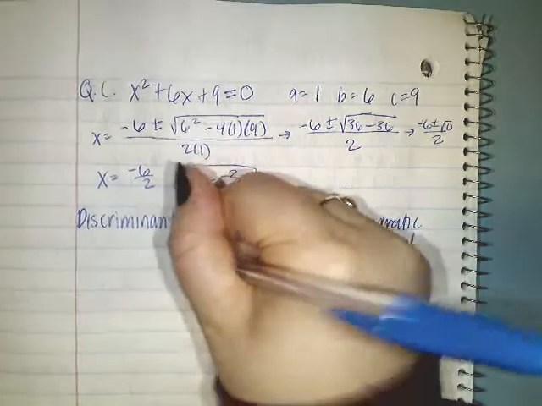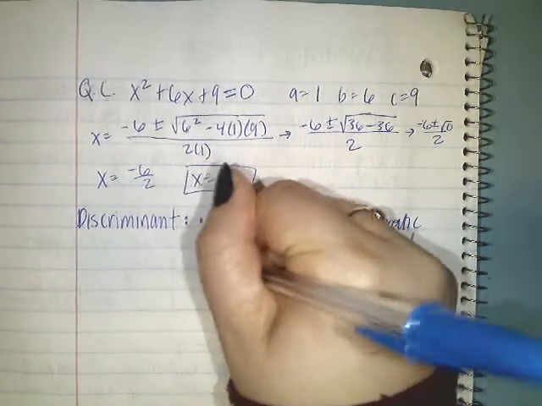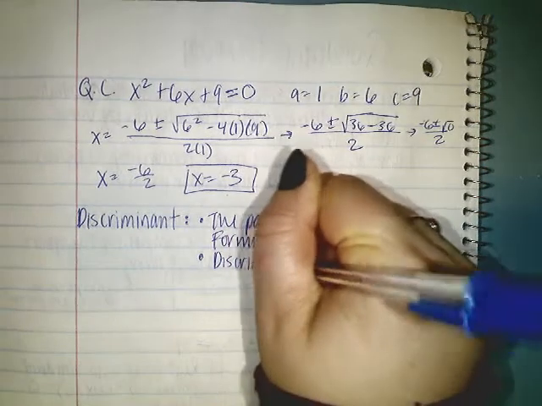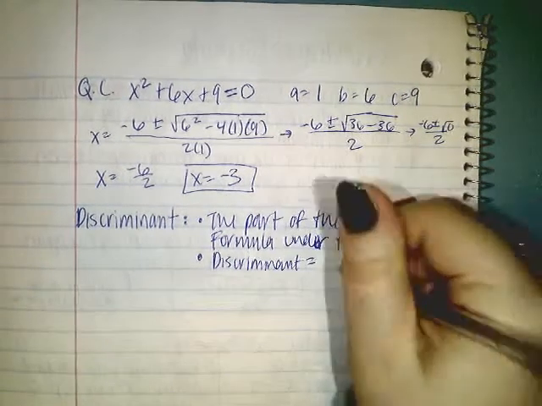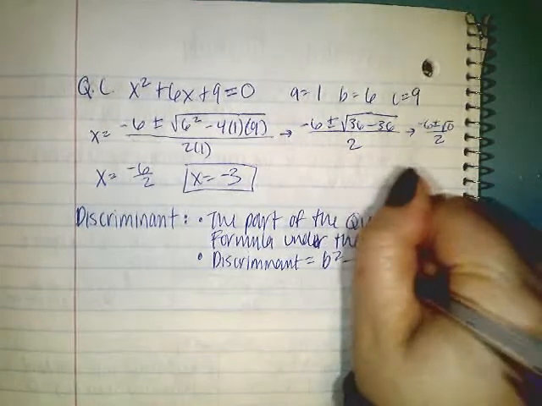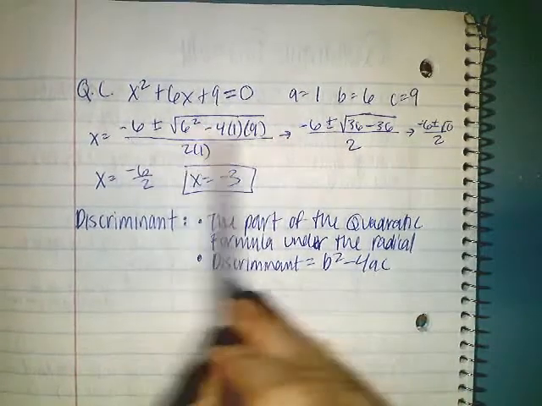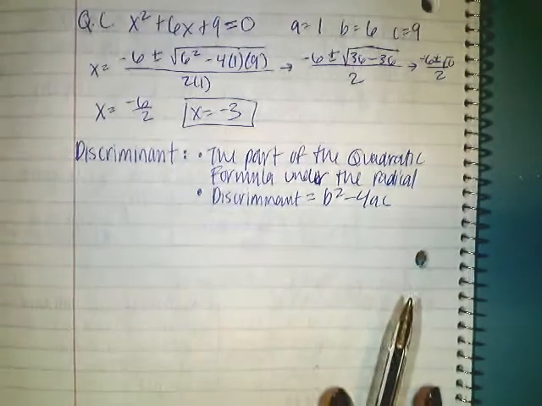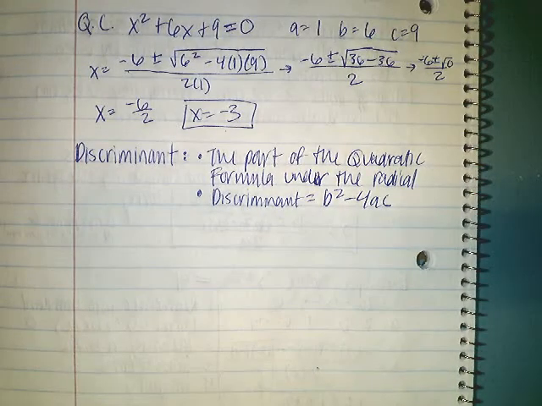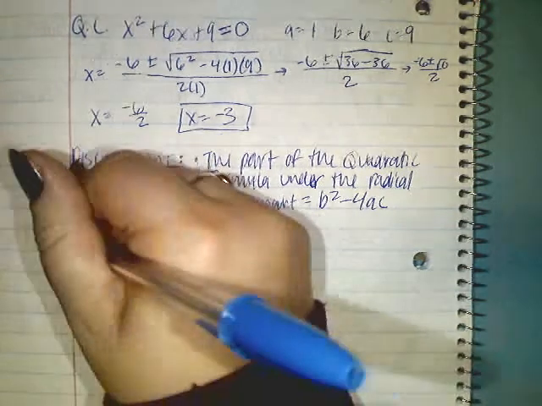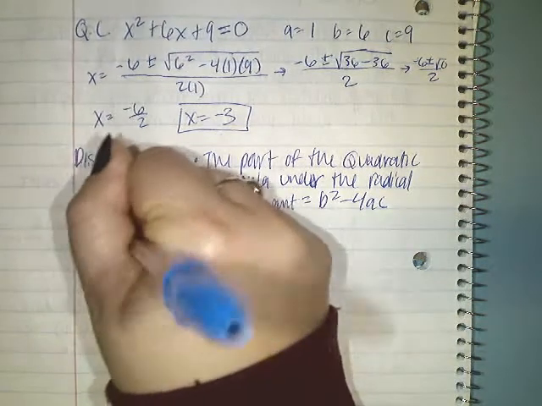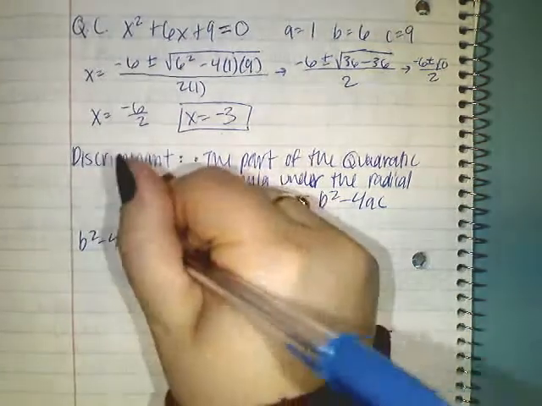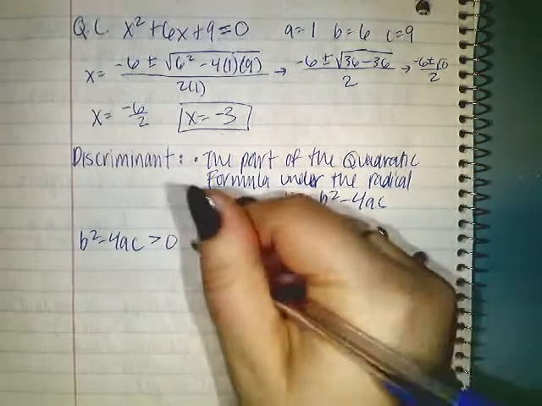So the discriminant is equal to b squared minus 4ac, because it's just the part that's under the square root. And there are three situations that we can have with our discriminant. So b squared minus 4ac, our discriminant, could be greater than 0.